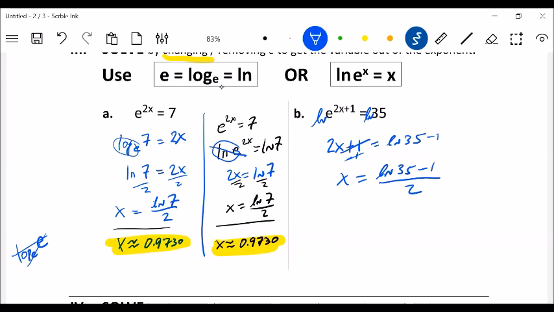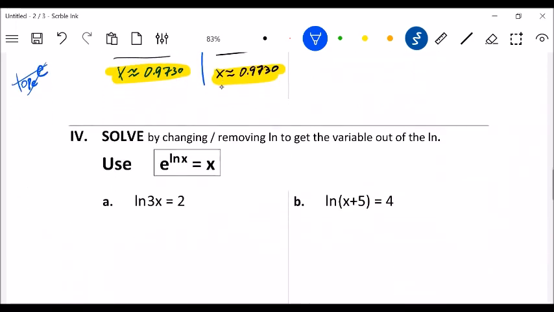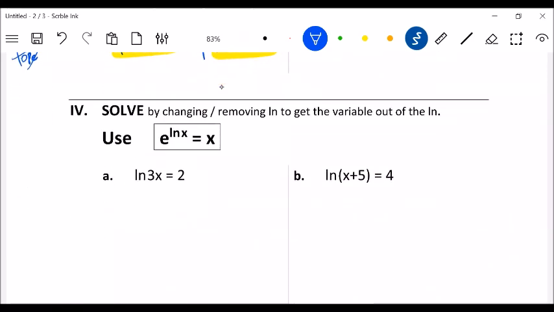Okay, now let's move on from here. Right now, let's solve using this e to the ln x. So here, what we do is we apply e by raising both sides to the power using e.